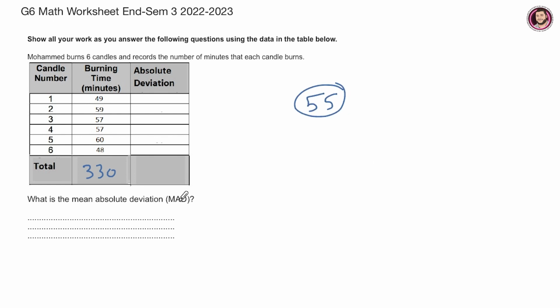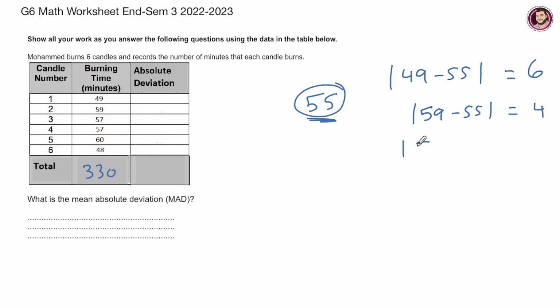Now we need to find the MAD, mean absolute deviation. To find MAD, find the absolute deviation, which is the absolute value of the difference between each given value and the mean. Like 49 minus 55 equals what? The absolute value is 6. Absolute value of 59 minus 55, which is 4. Absolute value of 57 minus 55, which is 2, and so on.